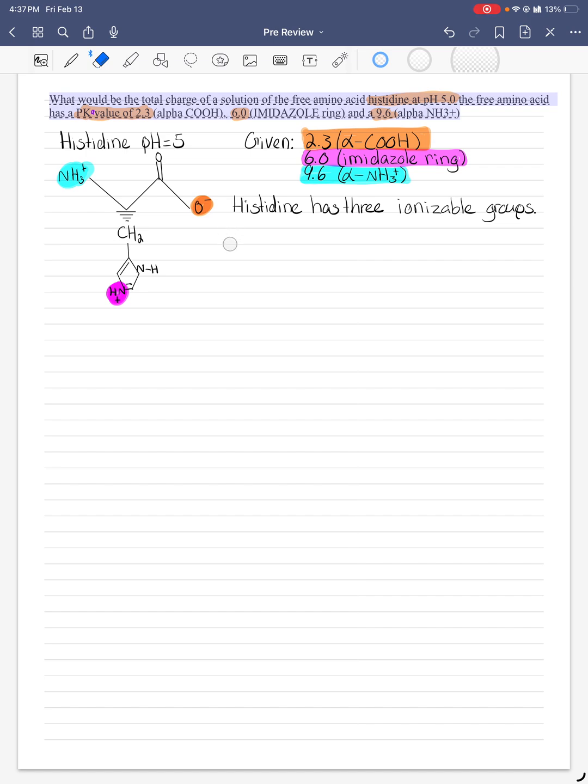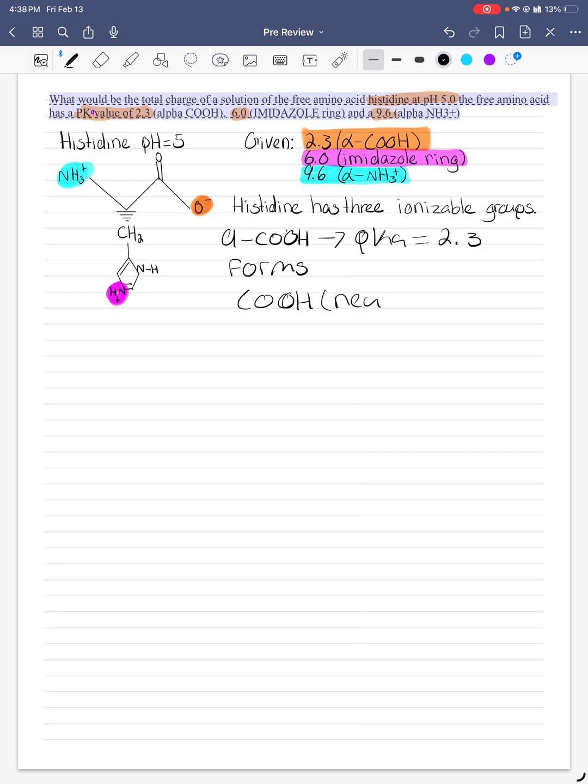So the alpha COOH, its pKa is 2.3, and it forms COOH, which is neutral, and COO minus, which is a -1 charge.